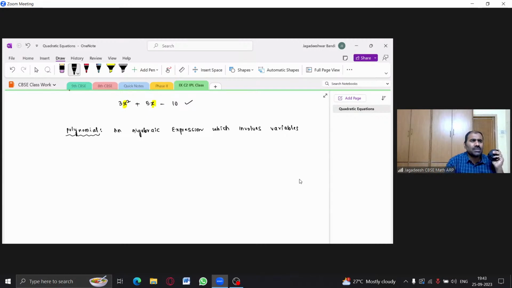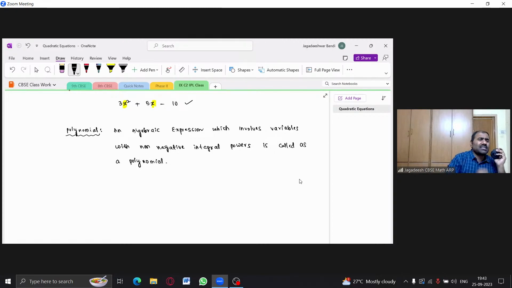Okay, already we have discussed what is a variable. With non-negative, I'll write and I'll explain, don't worry. With non-negative integral power is called as a polynomial.